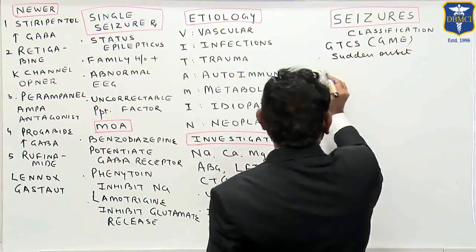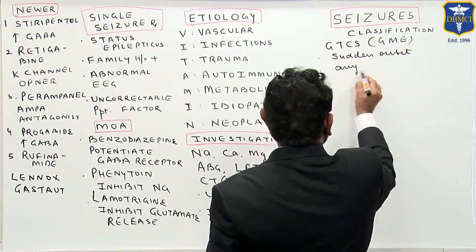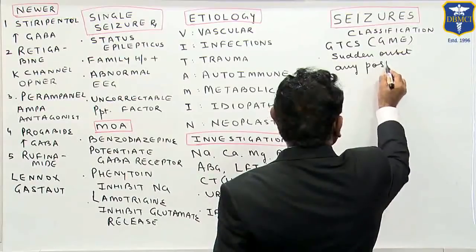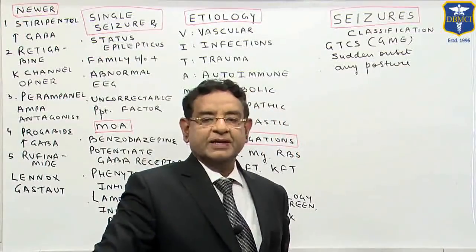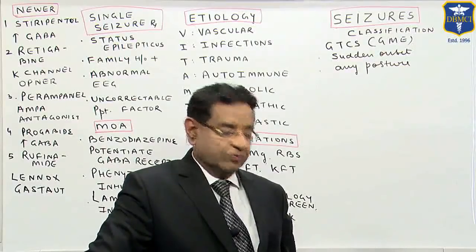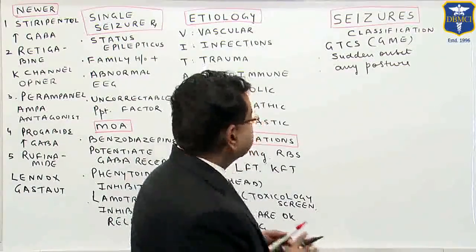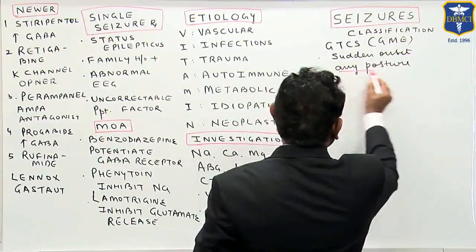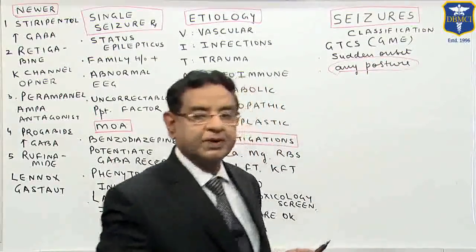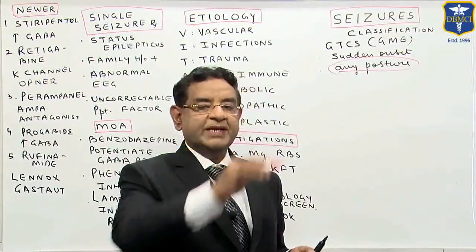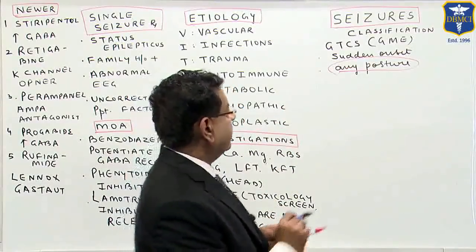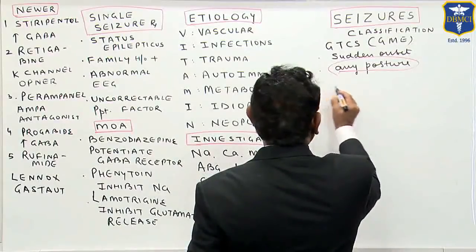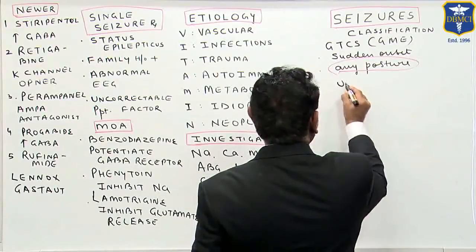It may occur in any posture. The patient may be standing, the patient may be lying supine. This is very important. Why is it so important? This point differentiates it from syncope. Syncope occurs only in standing position. Okay, and there is sudden loss. The patient becomes suddenly unconscious.